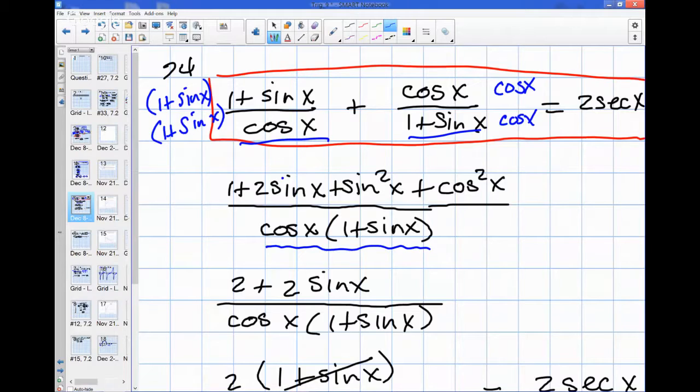Now, what happened on the top? Well, on the left side, I had to multiply 1 plus sine times 1 plus sine. Remember what happens when you square a binomial? You get the first number squared, 1 squared is 1. You get the second number squared, sine times sine is sine squared x. And then you get 2 times the product of the two, 1 times sine is sine x, and two of them gives me 2 sine x.